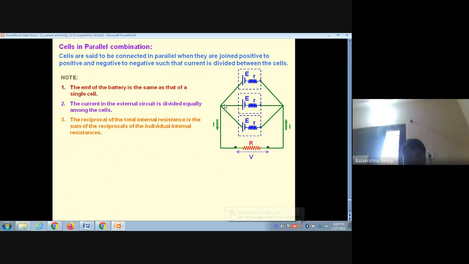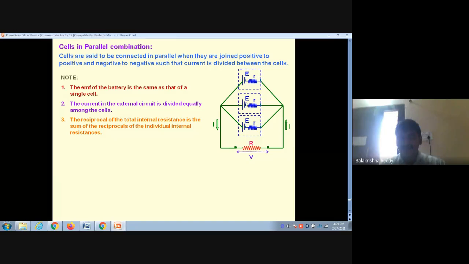Now this end and this end I have connected here. All the cells are in parallel, and all the internal resistances are also in parallel. So we know in parallel the current divides across each branch, and in the same way the equivalent internal resistance we have to take in the form of reciprocal.